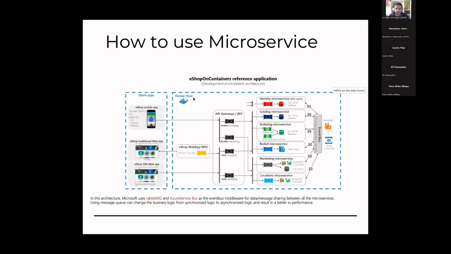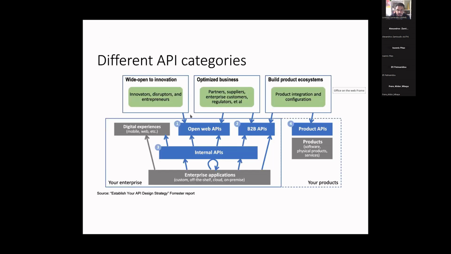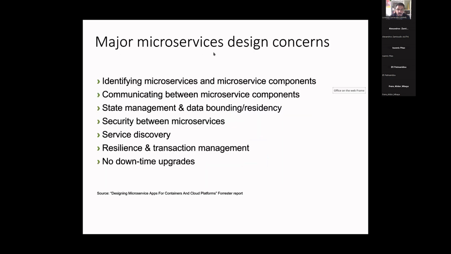This is then the example for e-commerce. In this case, we have the identity microservice, the catalog microservice, the ordering microservice, the basket one, marketing, and so on. Each of them is a different microservice, and the event bus is used for the communication. Of course, each of them has different APIs.